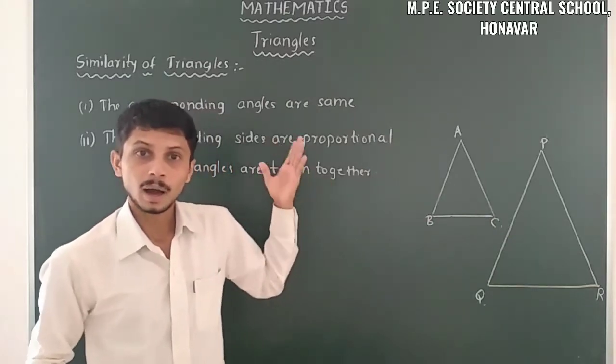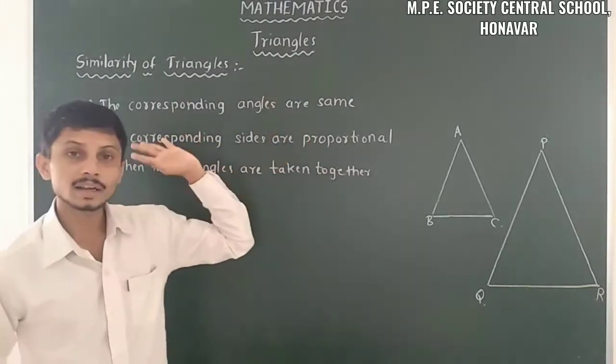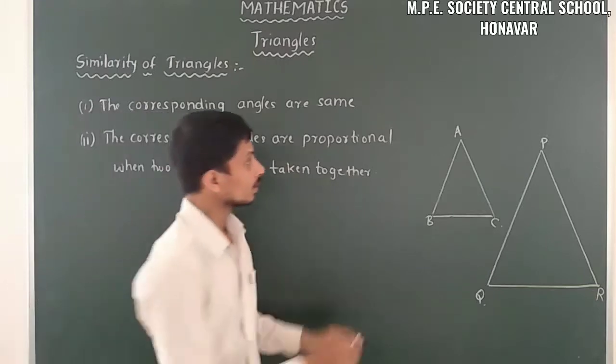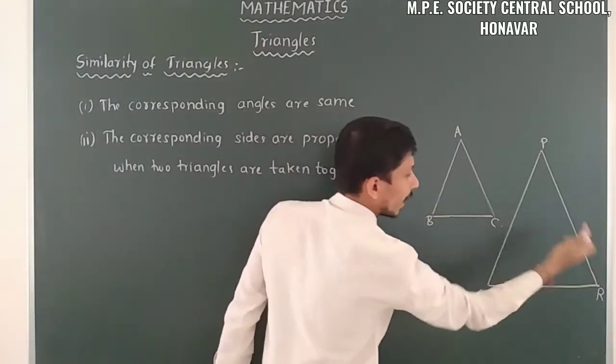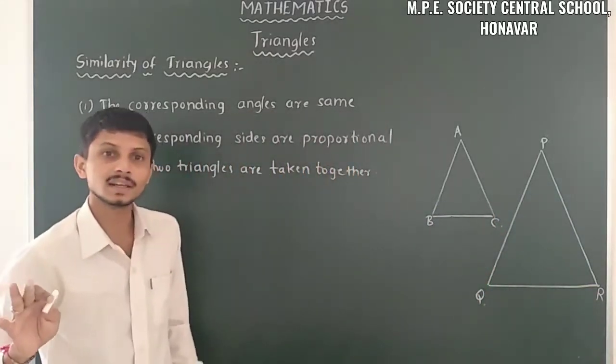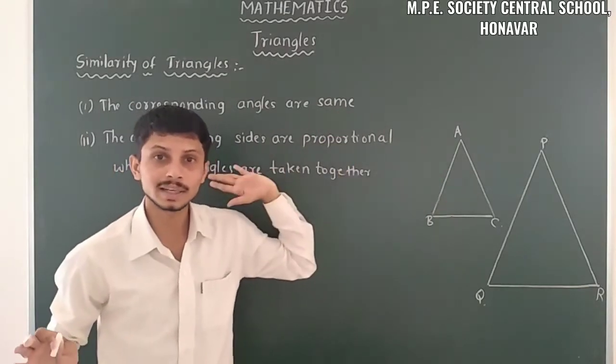Apart from the size and shape, the corresponding angles must be the same. When angle A is equal to angle P, angle B is equal to angle Q, angle C is equal to angle R, then we consider it as one of the similarity criteria of those two similar triangles.